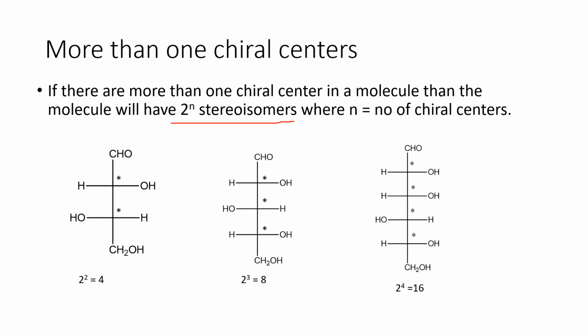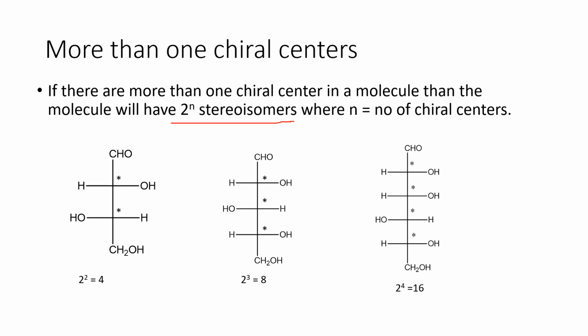Because 16 isomers means 8 will be the different isomers and 8 will be the mirror images of those molecules. Here also we can see that this is one molecule, and we can write another molecule. So 2 are different molecules, and the other 2 are the mirror images of these 2 molecules. In the same way, 4 are different molecules, and we can take the mirror image of each molecule.